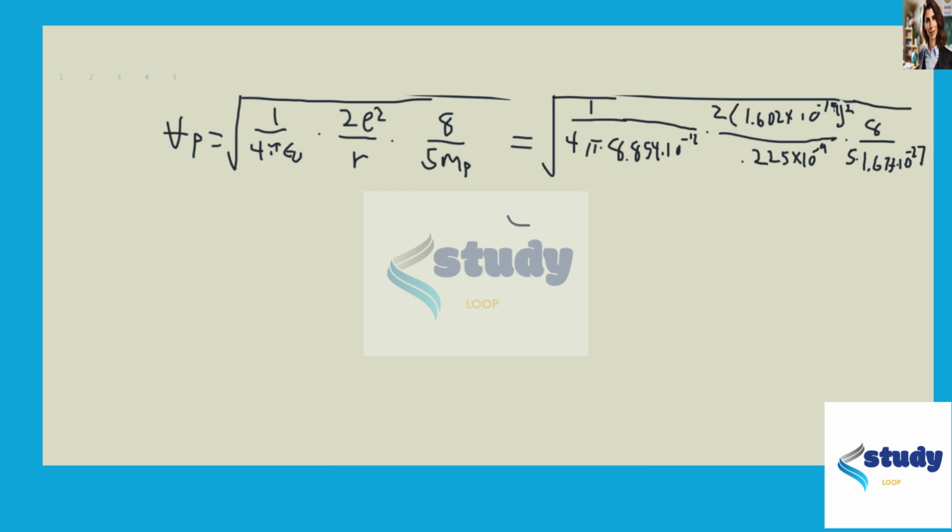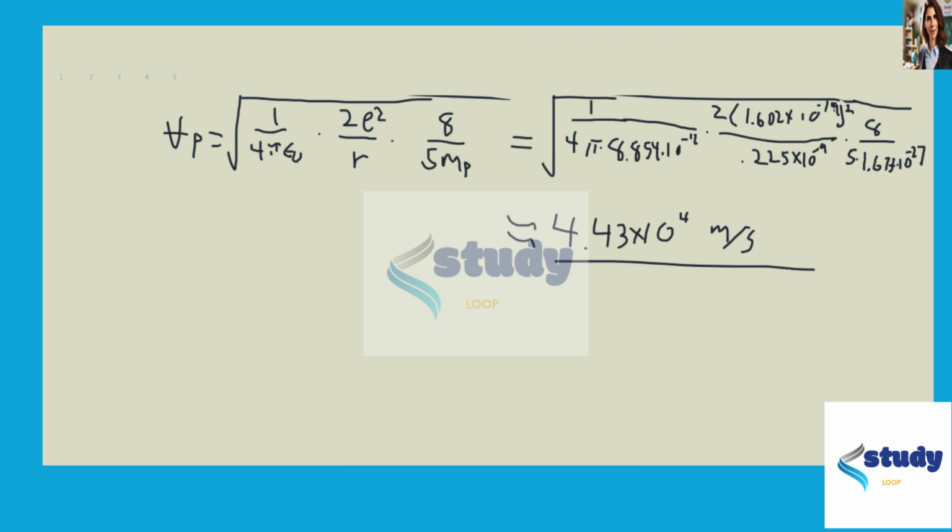Okay, so if you plug that all into a calculator, you will get 4.43 times 10 to the 4. Again, this time we're looking for a velocity, not an acceleration, so in SI units, this should be meters per second. Okay, so that's the velocity of the proton.